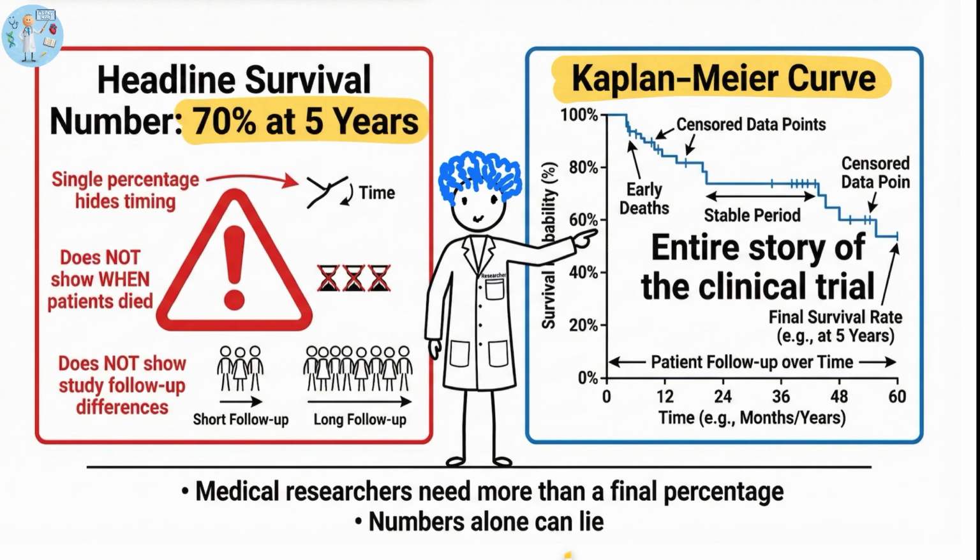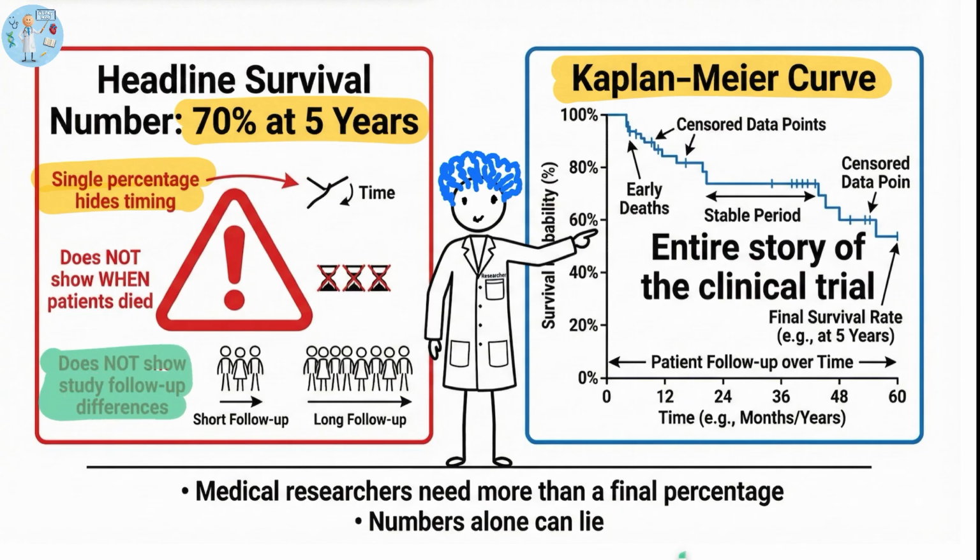Sounds amazing. But that number hides two huge critical pieces of information. The very things that tell you if a drug is a real breakthrough or just a marginal help. It totally does. A simple number tells you nothing about the velocity of the outcome, how quickly things went wrong, or how they dealt with the real-world messiness of a long study.